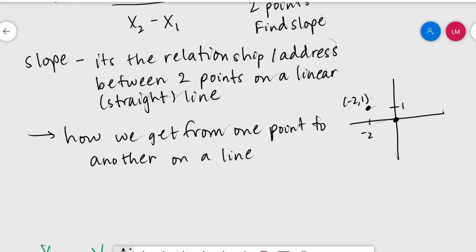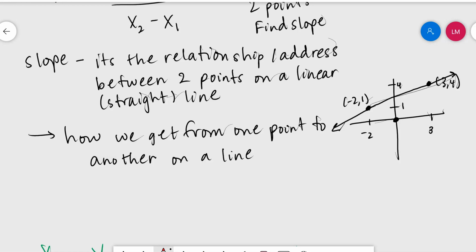Then I realize that my grandmother, or someone I really care about and want to get to, lives at 3, comma 4. Again, these are made up numbers. So this is 3, comma 4. As you can see, if I go through these points, there's that linear line. The question then becomes, how do I get from where I'm positioned to my grandma?